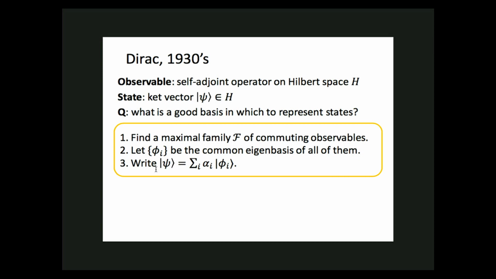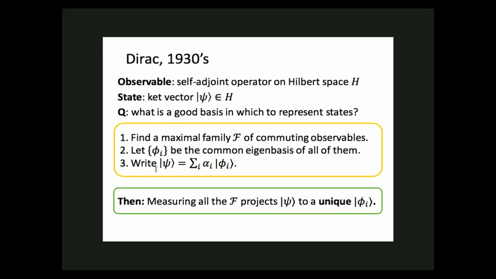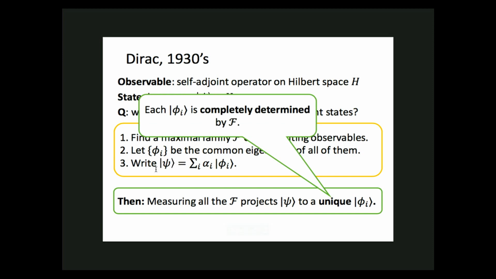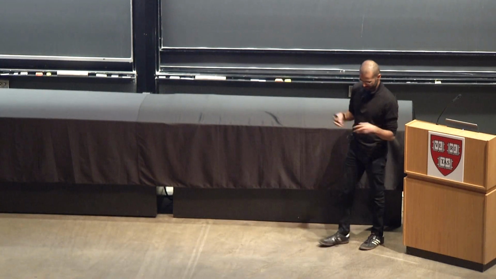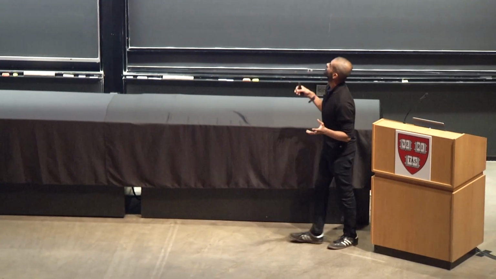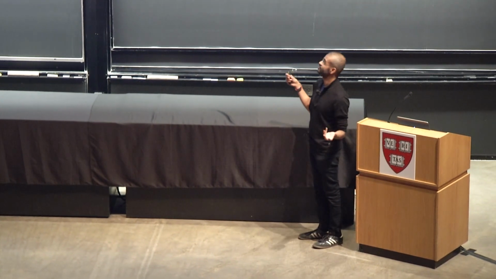One crucial point in all of this, and the reason for choosing F in this way, is that if you make all the measurements in this maximal commuting family, this projects any state to a unique eigenstate phi sub I. Another way of saying that: each of these eigenstates is completely determined by making all of the measurements in this family F. So this is some way of conducting experiments that's sufficient to completely describe the state of the system.